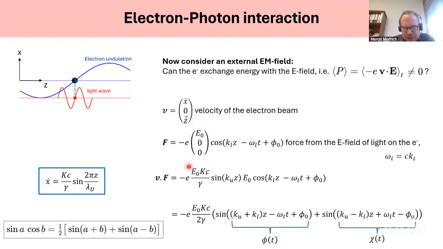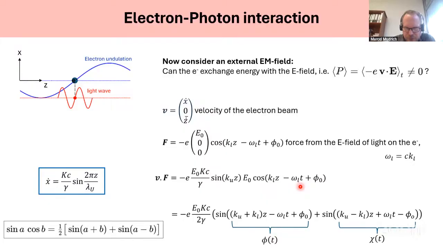So we stick in the blue equation times the cosine function for the force. And so we have a product of a sine function, k_u times z. k_u is 2 pi over lambda_u, so that's the wave number of the electron oscillation or undulation, times a cosine of k_L times z minus omega t.